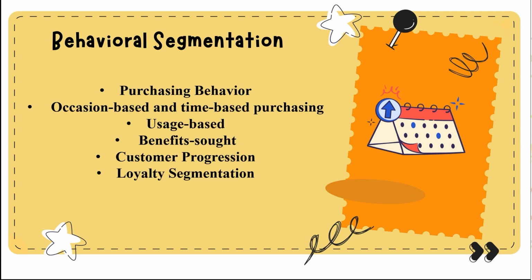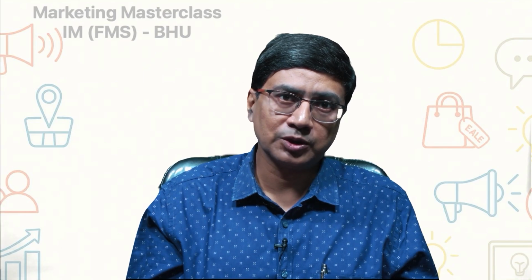So what kind of benefit are you looking for? If a mother is serving soup with a nutritional benefit in the evening to her child, that is one use. The same mother serving the soup to a guest in the house before dinner or lunch is serving a different purpose, and accordingly you can segment these two markets differently.